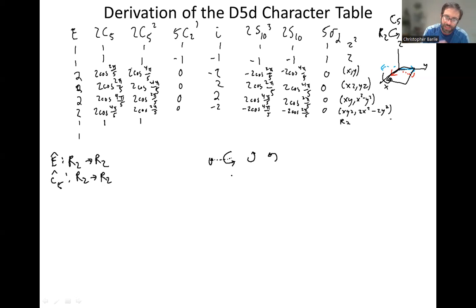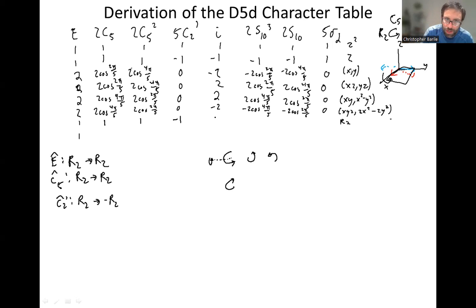If we do that, that flips the position of the heads and tails. Before we were going counterclockwise, now we're going clockwise. So the direction has changed, and that's the definition of being the negative of itself. In other words, when we did a C2 prime, RZ went into negative RZ. So our character there is going to be -1.